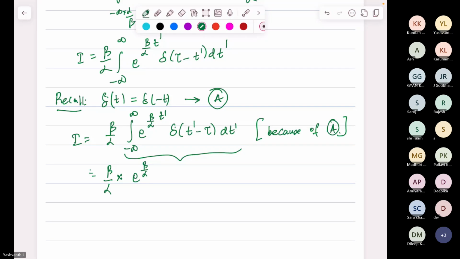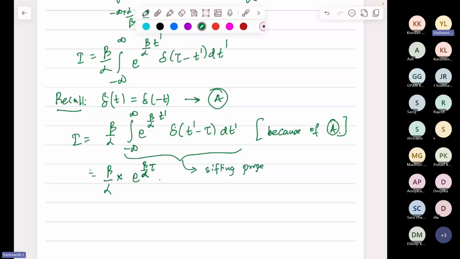Do you agree? Anyone? Is it okay? What did I do? I just used the shifting property.